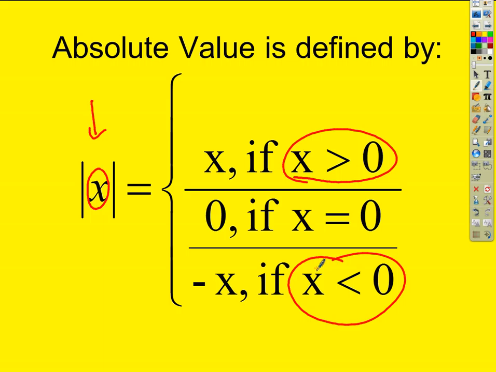And so in the event that the input is negative, we're going to multiply x by negative 1 to make it positive. And then the in-between case would be, what if x is actually 0? Well, what's the absolute value of 0? 0. Okay. So that's how we define an absolute value function, right? And we'll talk more about that.